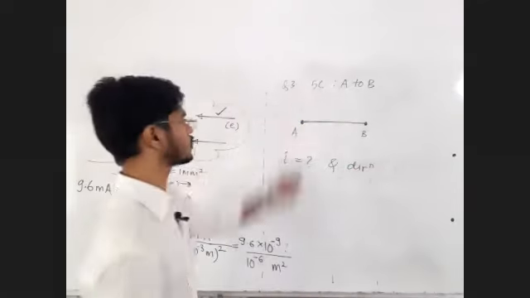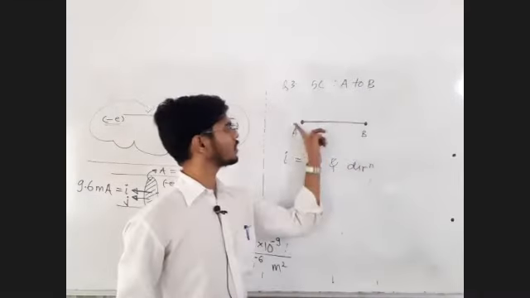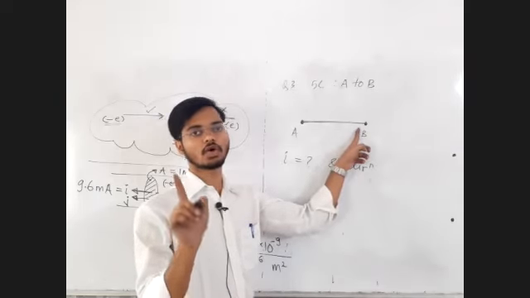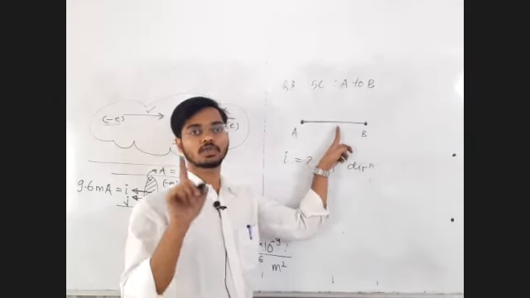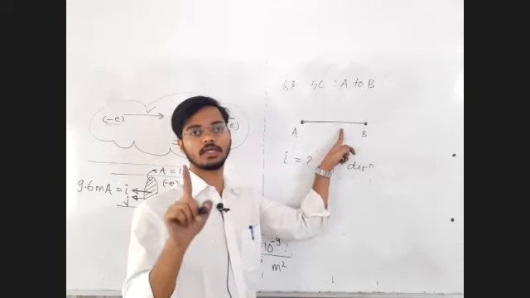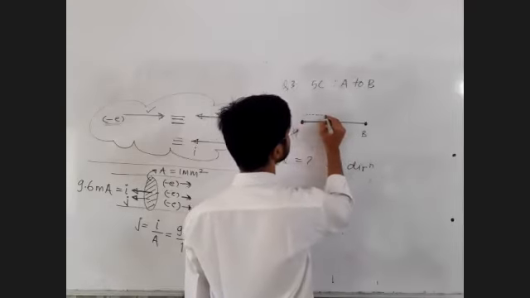This is a positive charge. See, directly on the wire, you cannot show the direction of flow of charge. On the wire, you can show only the direction of current. Okay. So 5 coulomb charge is moving like this, A to B.